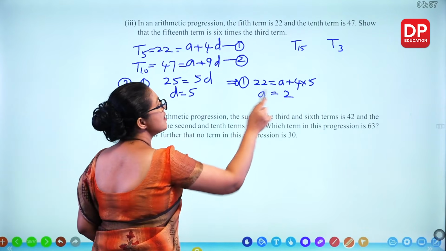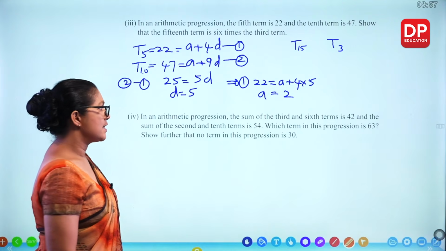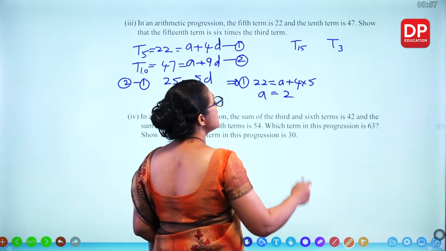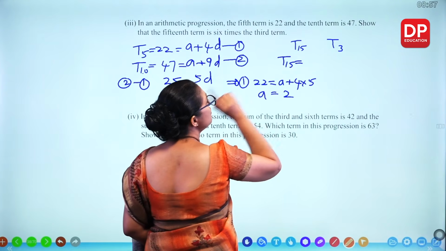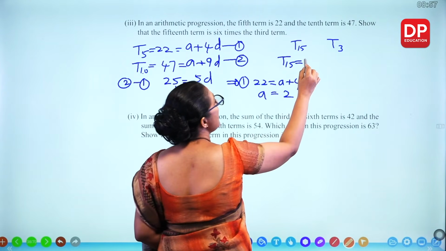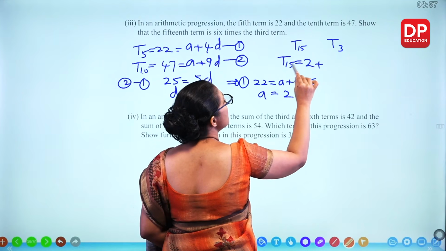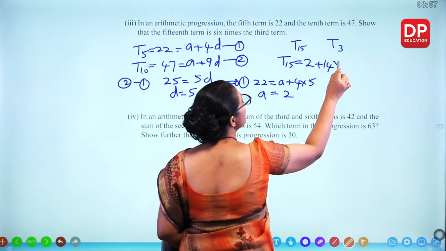Subtract 20, you get a as 2. Now you have to find the 15th term. T15. So what is T15? T15 is equal to a, which is 2, plus 14d. d is 5.